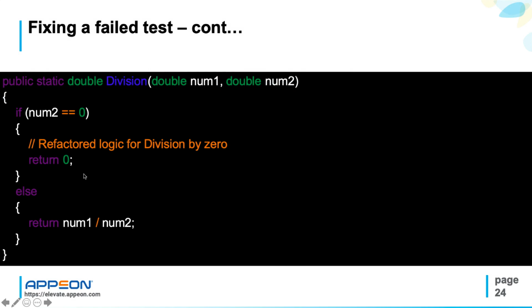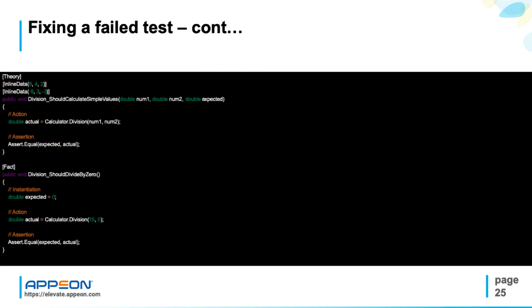So if we pass in a 0 and it tries to divide by 0, it would return a 0. And since we know for a fact that all divisions by 0 shouldn't return undetermined, but in this case it would return a 0, or at least for the purpose of this presentation, then we can make that test a fact.